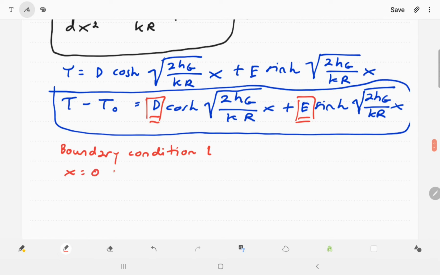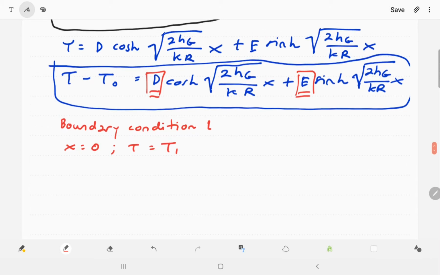At x equals 0, T is equal to T1. So what we need to do is put this into this particular expression. In this case, the value of T will be equal to T1 minus T naught, and then D times cosh of 0, because x is equal to 0, plus E sinh at x equals 0, which will be 0.